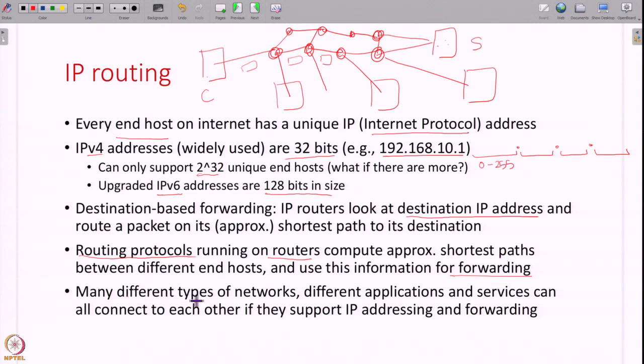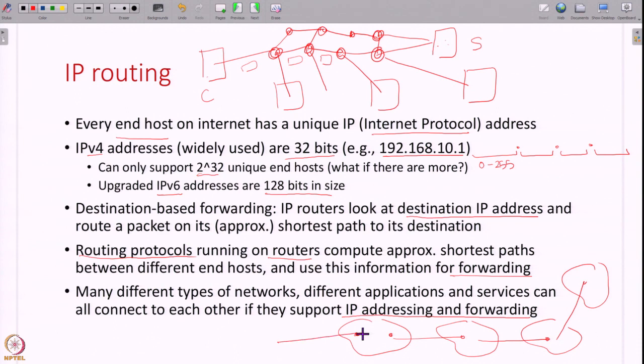And one thing to note is that the internet is not just one coordinated network maintained by one person. It is many different networks running many different applications set up by many different organizations, and all of these are united by IP routing, addressing and forwarding. Whichever network you are, as long as you can forward IP packets, you can become part of the internet.